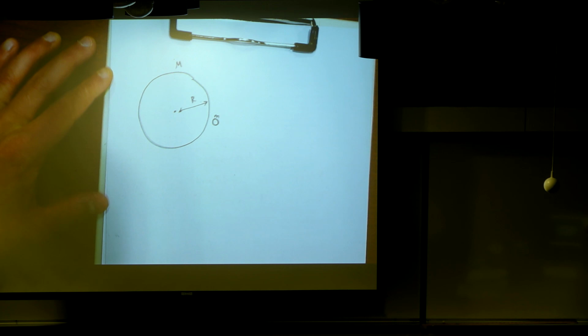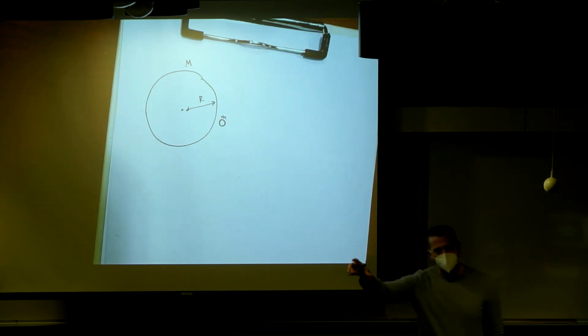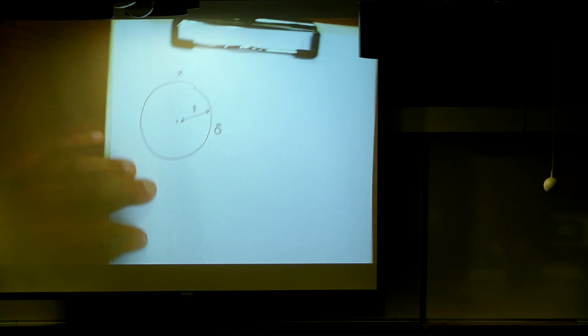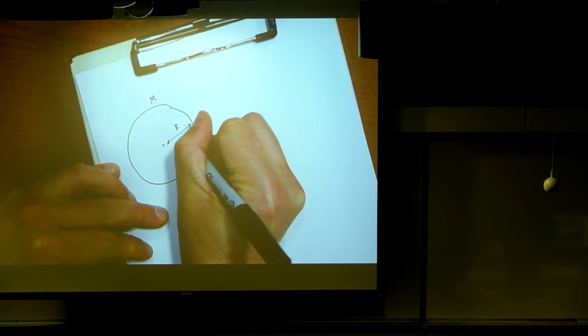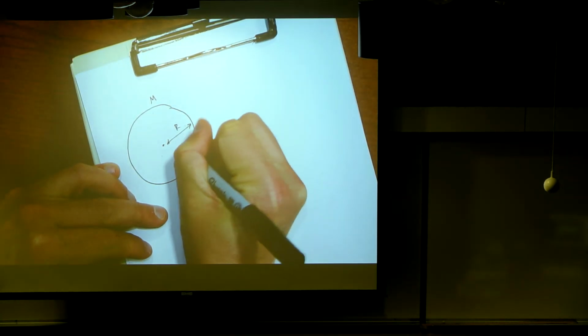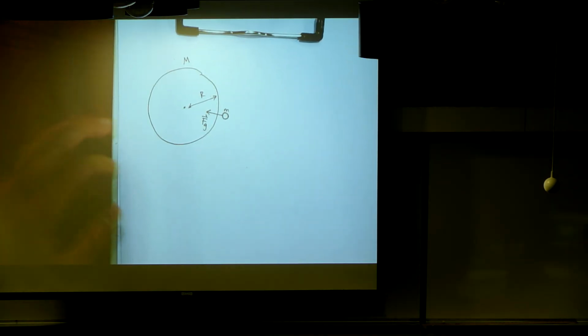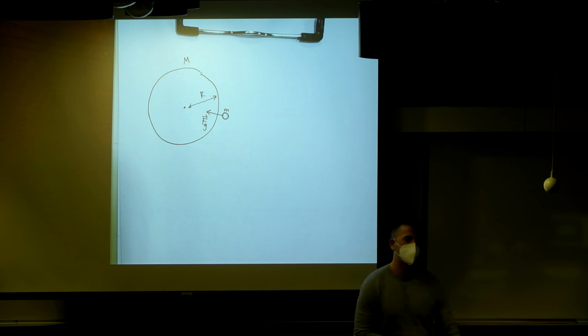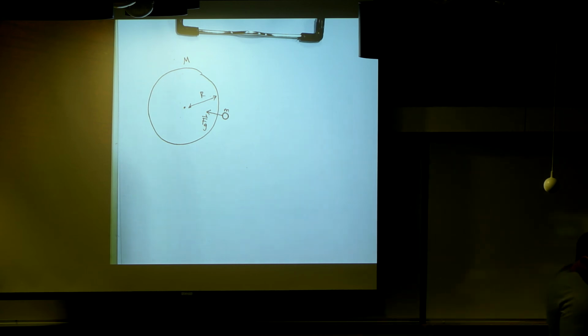So you can literally imagine just dropping some object so that it falls to the surface. So the situation here will be, we have a gravitational force going inwards, right? But we don't have circular motion. This is not an object in orbit. Just think of this as an object falling straight to the ground, okay? That'll be easier to visualize.